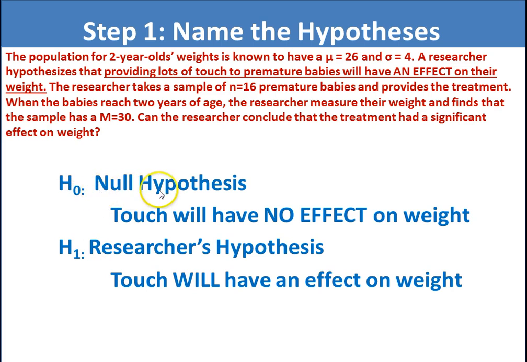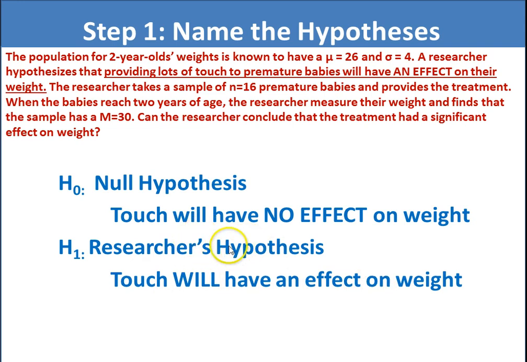H0 is referred to as the null hypothesis. The null hypothesis states that nothing happens, that the touch will have no effect on weight. The researcher's hypothesis, statistically noted as H1, states that touch will have an effect on weight.